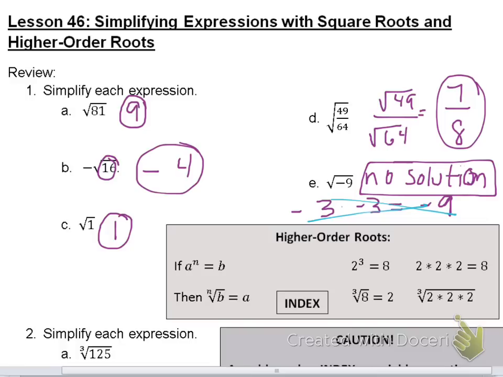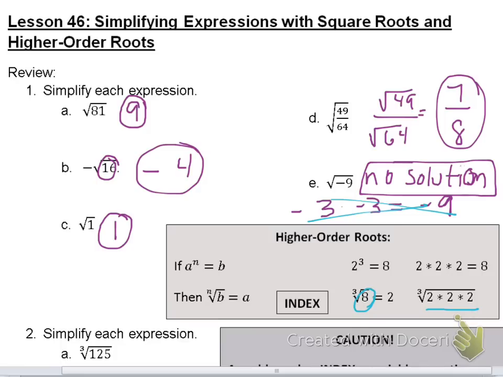That's 2 times 2 times 2 equals 8. 3 different 2's multiplied together equal 8. And the opposite of that is the cubed root of 8 equals 2 because 2 times 2 times 2 equals what you started with, which was 8. So there's 3 2's equals 8. So these are kind of like inverse operations to each other.